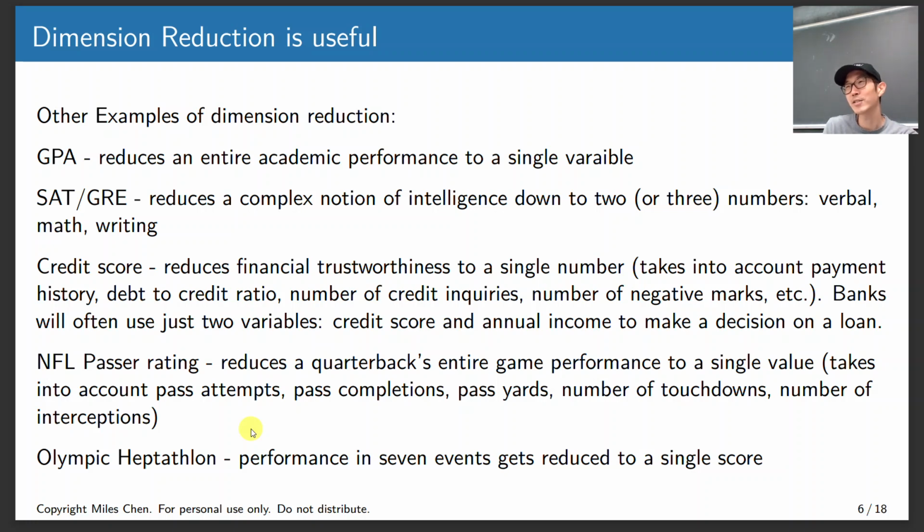There's one number called the passer rating, a complicated formula, but it's supposed to boil down this quarterback's performance in a game, or even in the entire season, to a single number. And you can say, okay, Tom Brady gets this score versus, I don't know, someone else gets a different score, right?